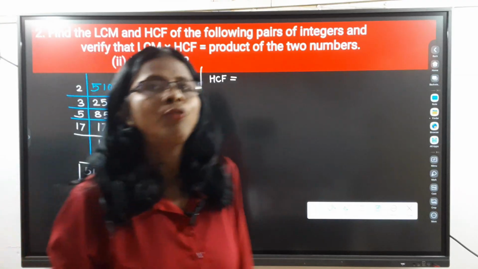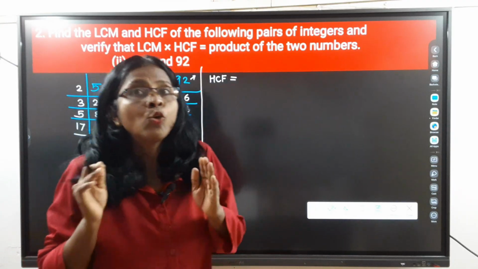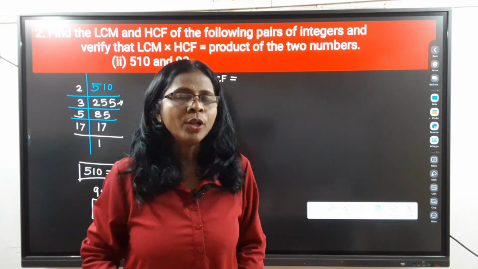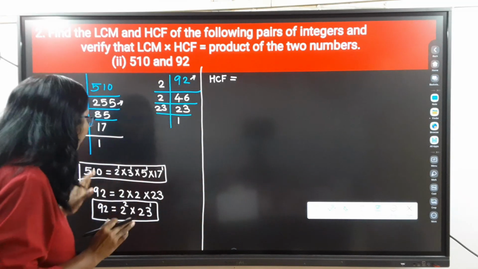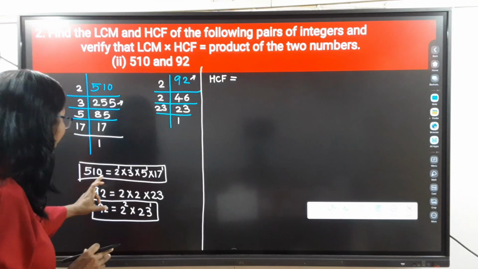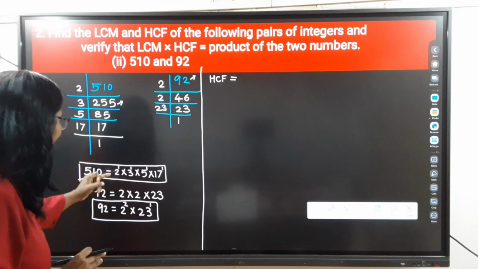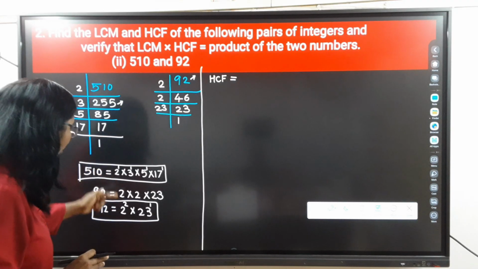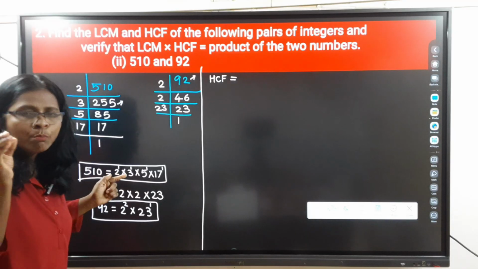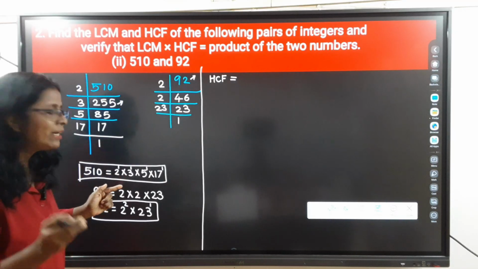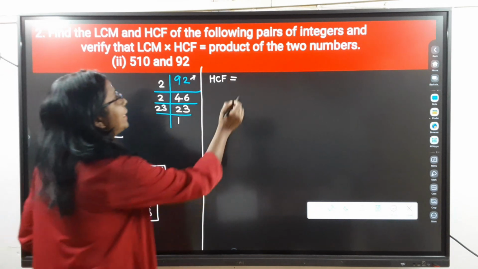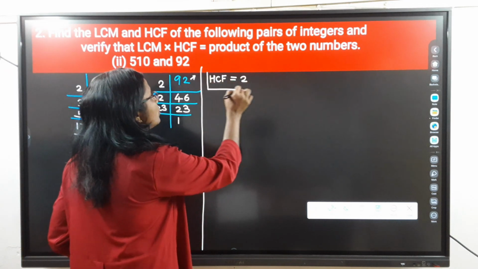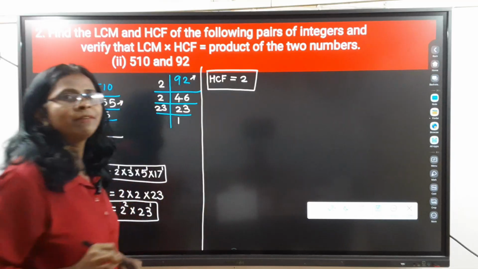It is the product of the smallest power of each common prime factor in the numbers. So the common prime factor here is 2. Between 510 and 92 the common factor is 2, and the smallest power is 2 raised to 1. So I write here 2. So the HCF is 2.